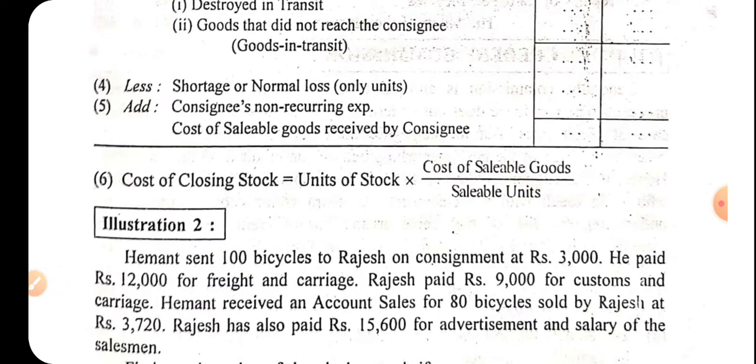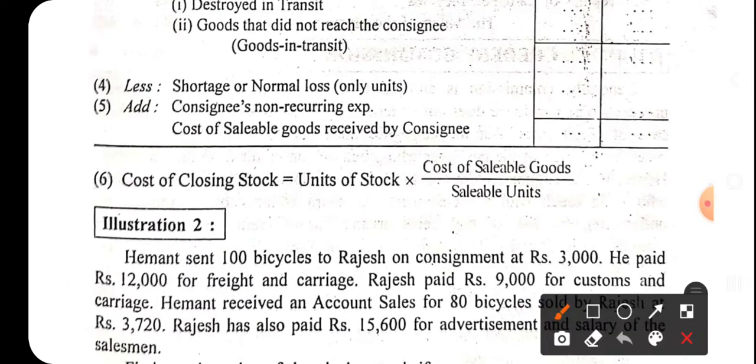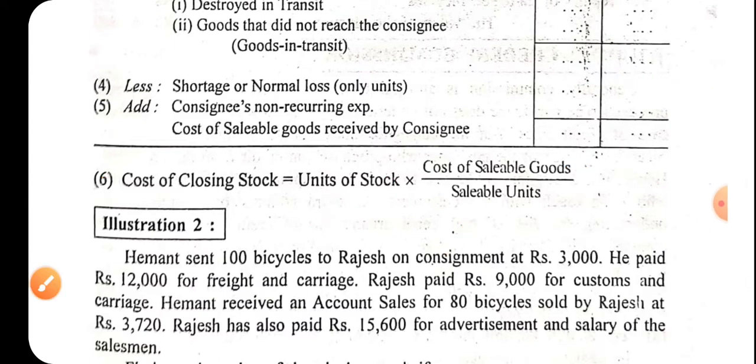The formula for calculating closing stock is as follows: units of stock, if we are able to calculate them, are used here. After that, the cost of sellable goods with the help of the above table. Then sellable units need to be put in the denominator.